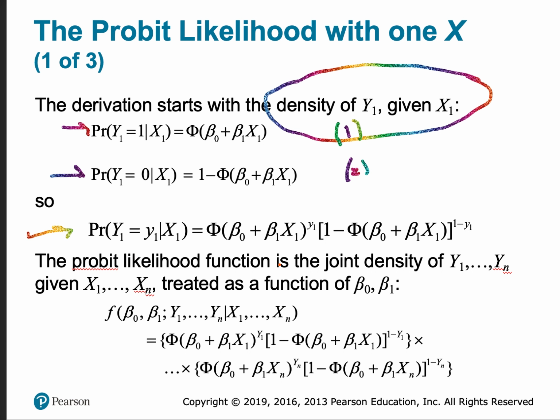The probit likelihood function is the joint density of y1 through yn given x1 through xn treated as a function of beta naught and beta 1.